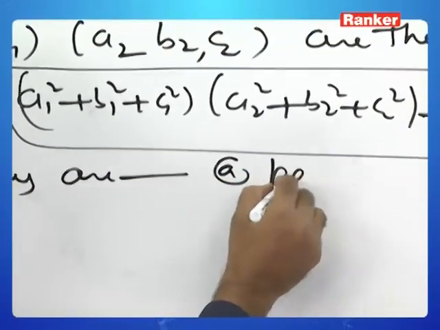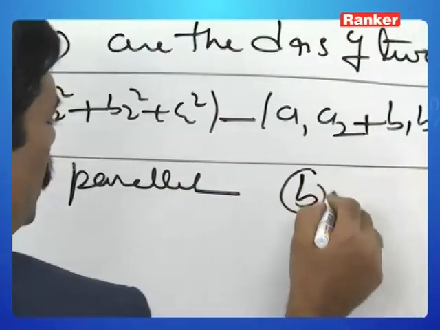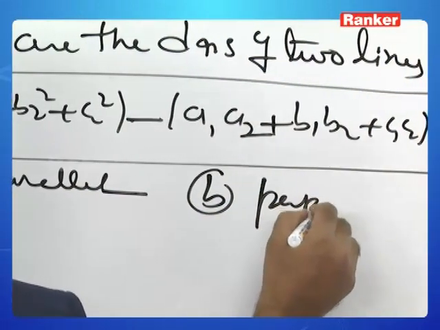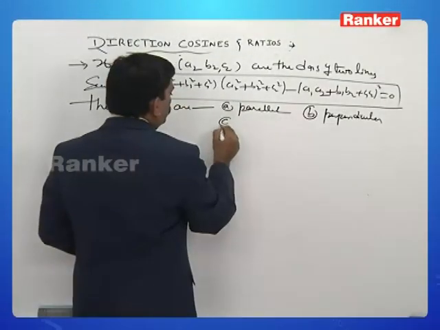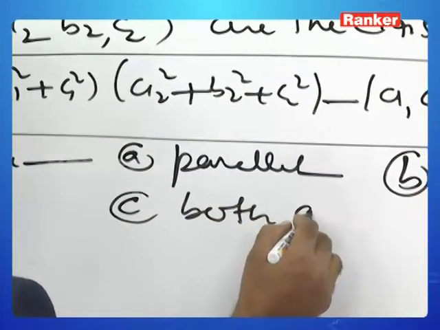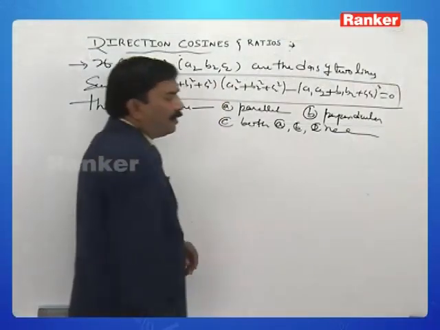Option A, parallel. Next, B, perpendicular. C, both A and B. D, none.